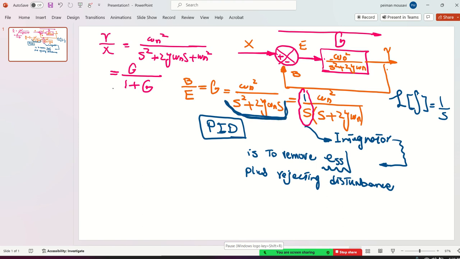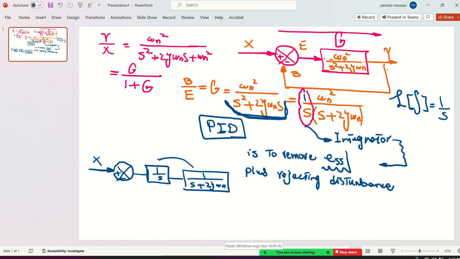On the other hand, you can replot this, making it more clear. When it comes to Simulink, you can do it like this, because these are the same: 1 over s times 1 over s plus 2 zeta omega n. They are multiplying each other, right? It's going to give you the same.